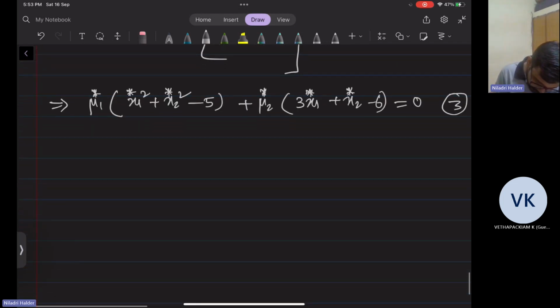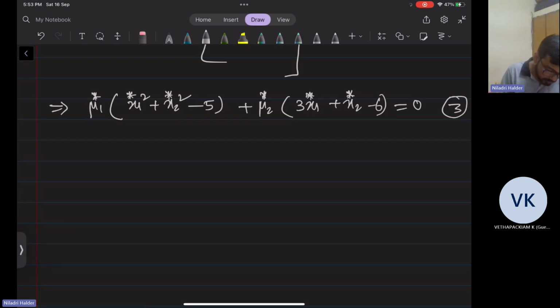Then the fourth condition. There is no equality constraint here, so there will be only four conditions. The fourth condition is just the inequality constraint. That means g of x star is less than or equal to 0.